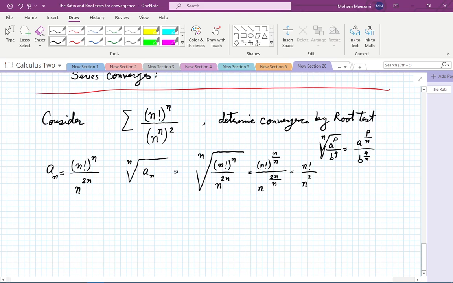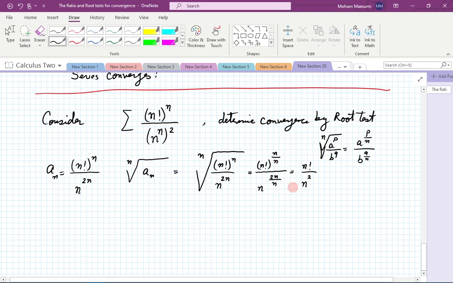So the ratio becomes this. Now where does this ratio go? n factorial over n squared. As n gets larger and larger, you see that here you're just multiplying n by n. Here you're multiplying all the numbers from 1 to n. So which one do you think is going to be bigger? Obviously, the numerator turns out to be much bigger than the denominator.